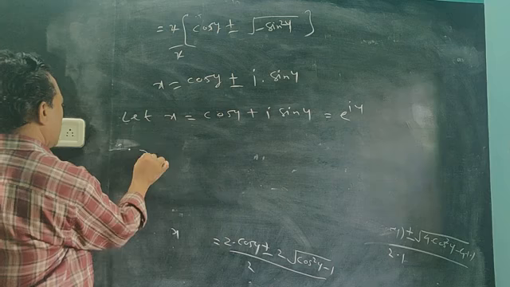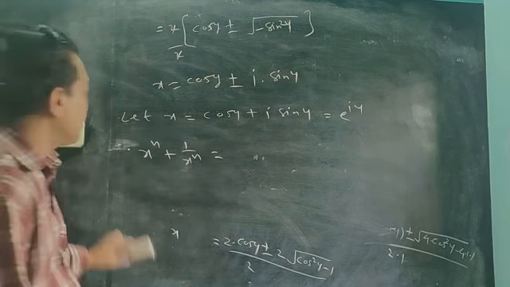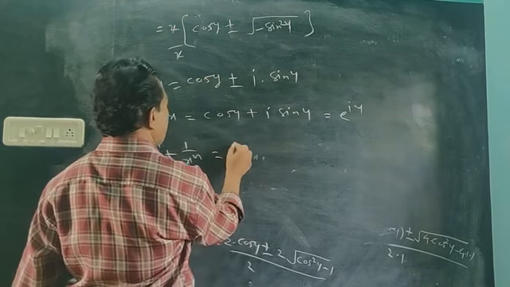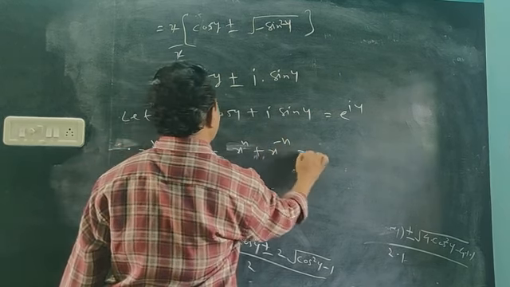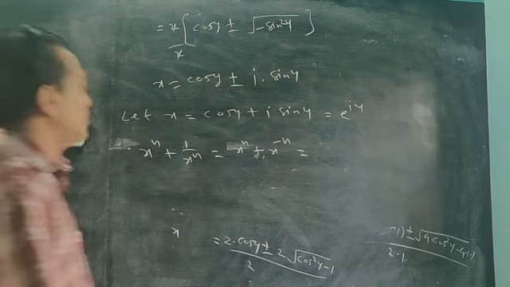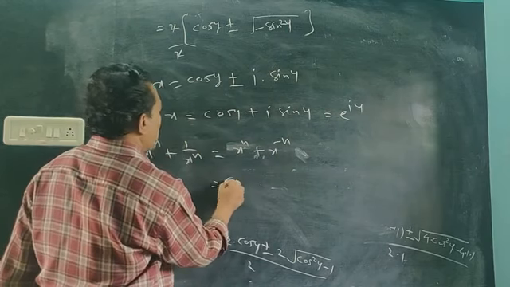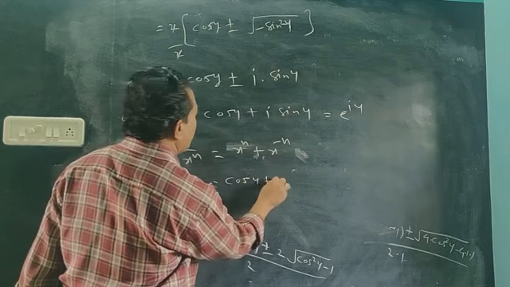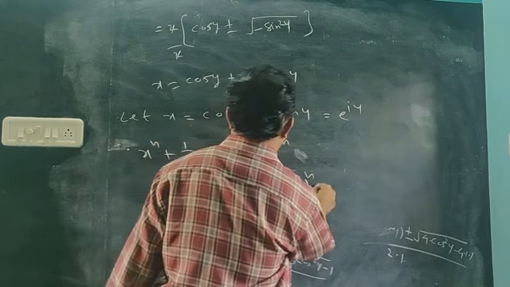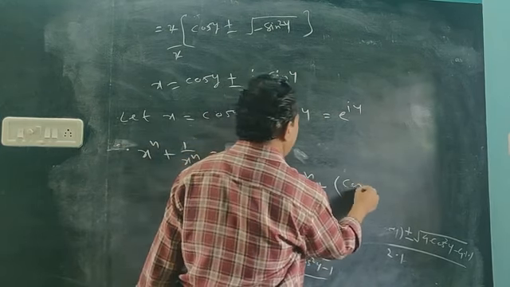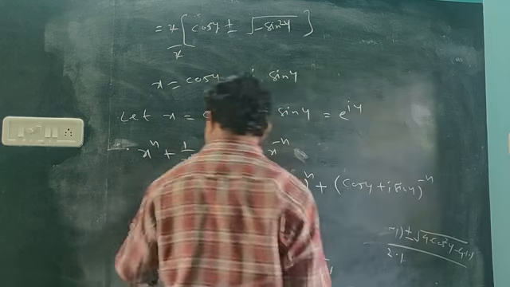Now I want x raised to power n plus 1 upon x raised to power n. First result, x raised to power n plus x raised to power minus n, since 1 upon x raised to power n is x raised to power minus n. So cos y plus i sin y raised to power n, and cos y plus i sin y raised to power minus n.